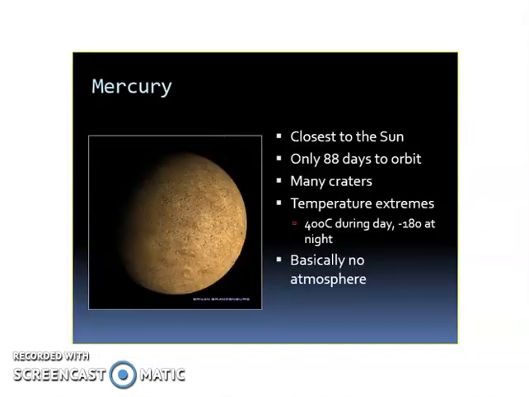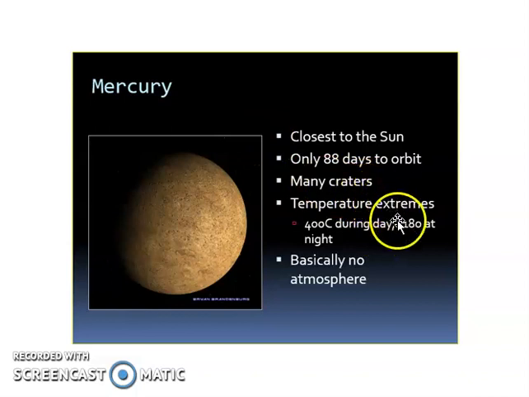So I will add some extra information about Mercury. Mercury is the closest planet. It orbits in 88 days, meaning it finishes its travel around the sun in 88 days. Compared to Earth, Earth finishes in 365 days. But Mercury takes just 88 days to finish.